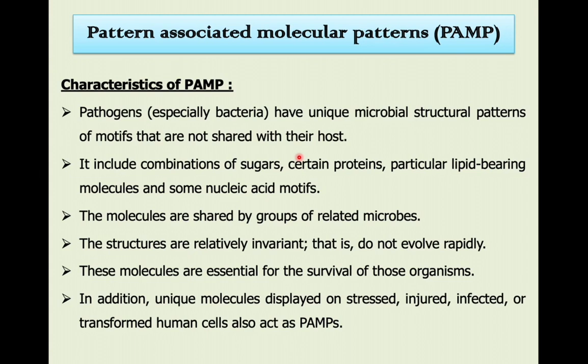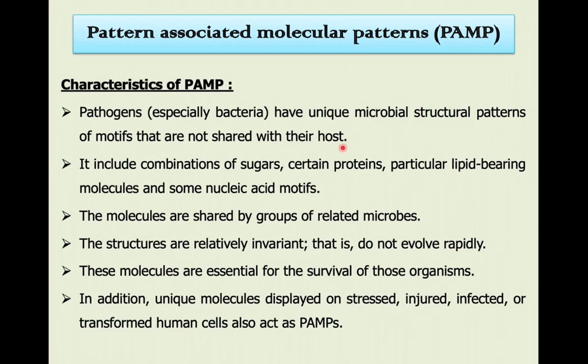So these are the characteristics of PAMP. Usually it has unique microbial structures, patterns or motifs that are not shared with other hosts. As I mentioned just now, each bacterium has a different or unique pattern, so that's why it can be recognized specifically.